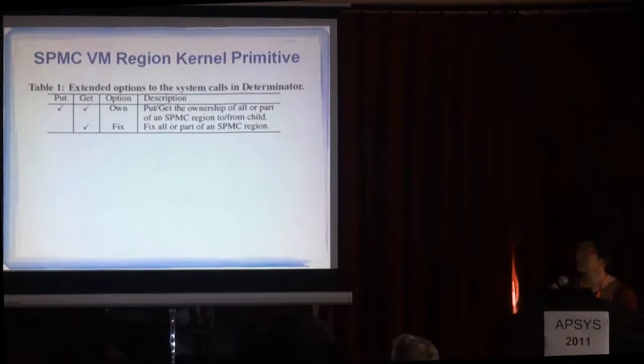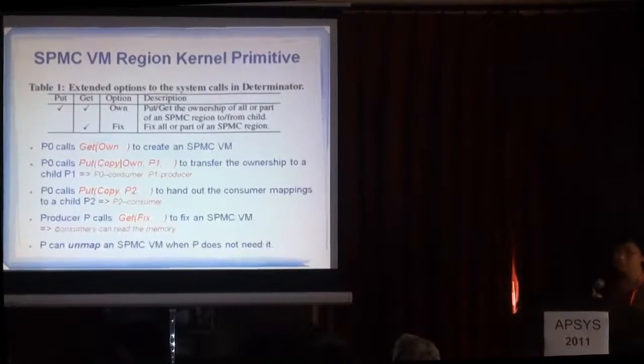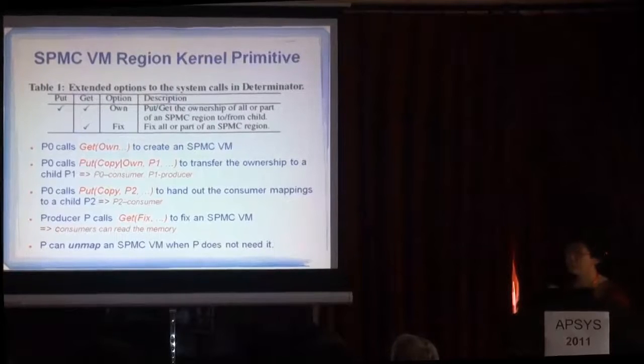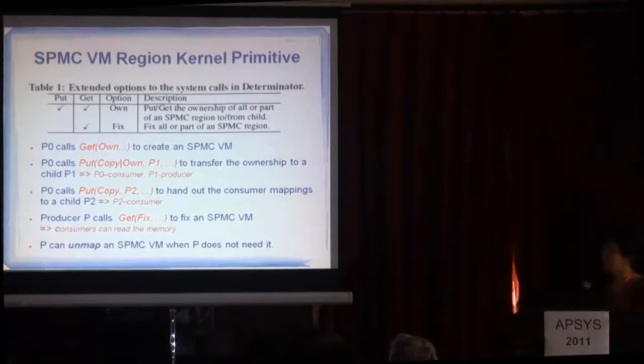To support the SPMC virtual memory region, we added two option arguments to the original system calls, that is ON and FIX. So each process can call get with ON to create an SPMC virtual memory region, and can call put with copy and ON to transfer the ownership to a child process.